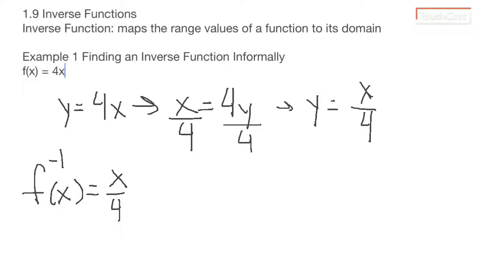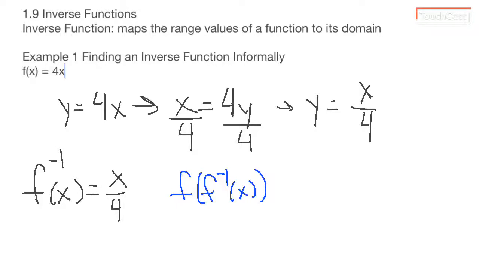Now, another point of finding an inverse function is if we take the composite of our function and its inverse. So if we take f of f inverse of x, we should be able to get just an x in the end.